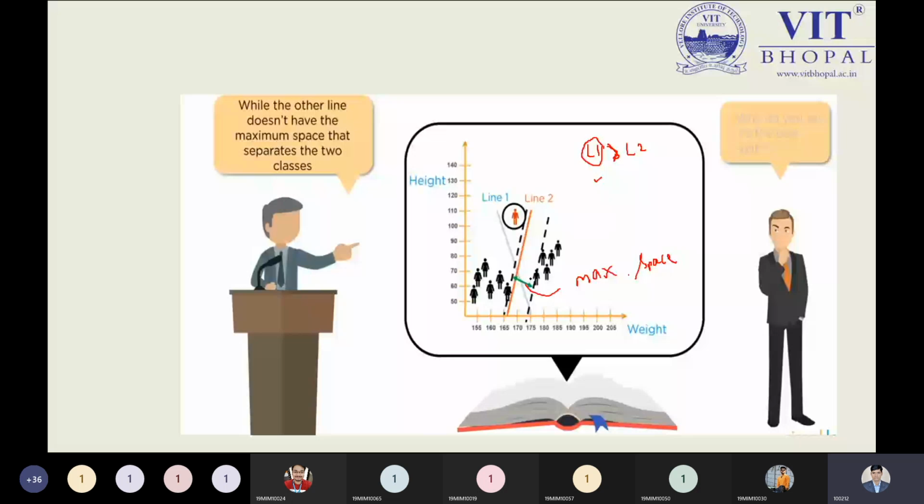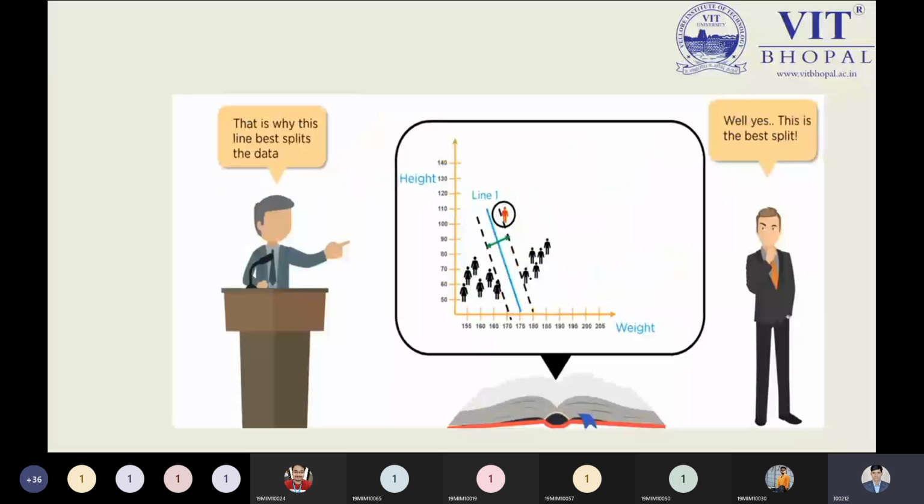Here we have chosen our line, and this line is known as the hyperplane, and it is also known as the decision boundary. This is the point you need to keep in mind. It looks like this. That's why we have split our data into two different parts, following the best selected line.